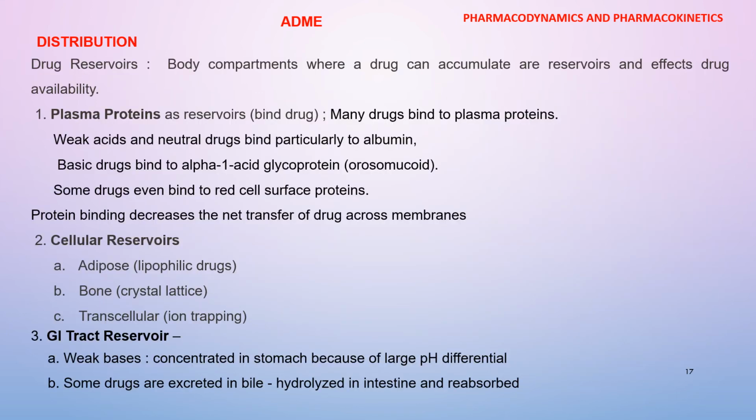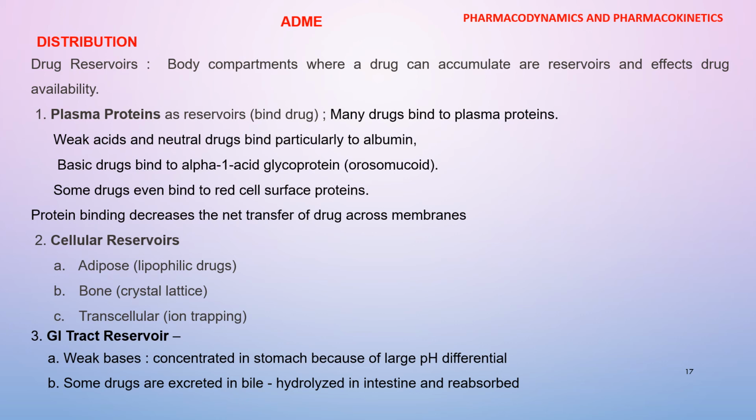The drug absorbed in the intravascular system is not uniformly distributed to all parts of the body. Body compartments accumulate some amount of drug, leading to a decrease in bioavailability. These regions are known as reservoirs. Some of the drug reservoirs are plasma proteins, cellular components, and the GI tract.